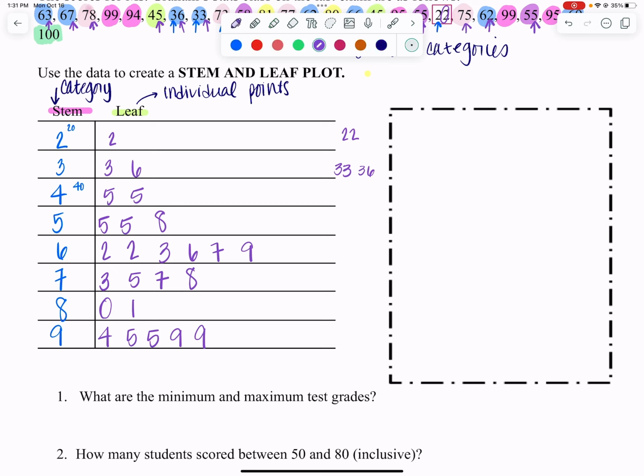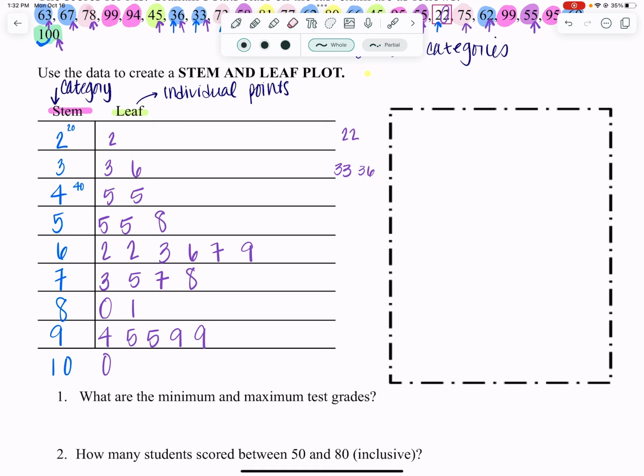So our leaf for this 100 is going to be the 0. The stem is the 2 leftmost digits. So if I put the 10 with a 0, I get 100. So that's how that works.